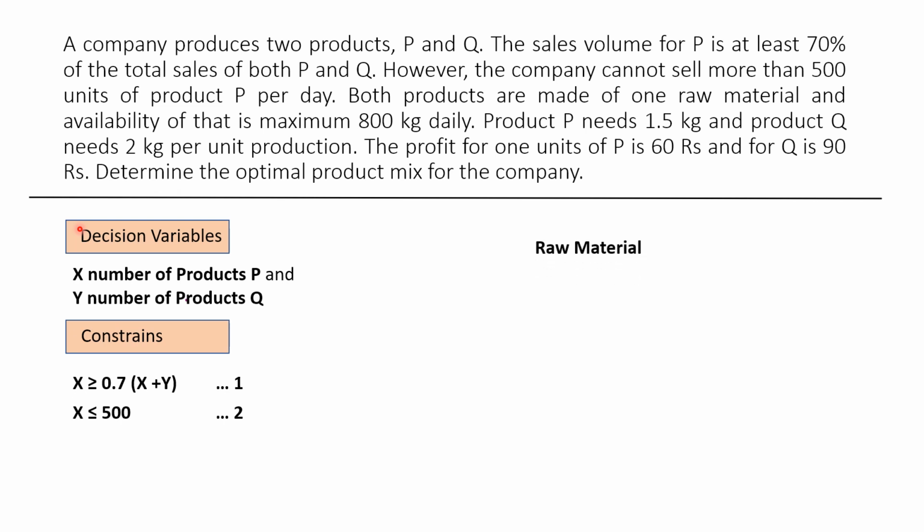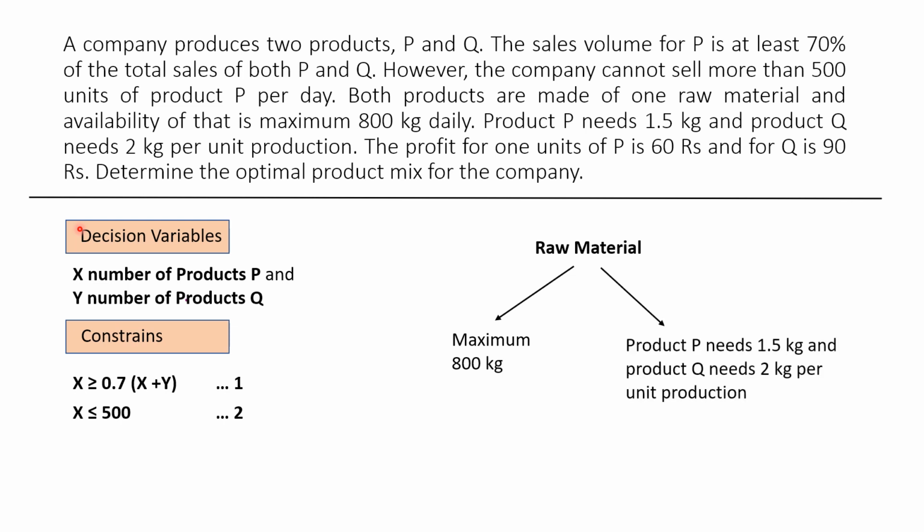So here it says that both the products are made of the same raw material, and the total maximum availability of the raw material is 800 kg. And when we are going to produce product P, it requires 1.5 kg of raw material, and when we are going for product Q, it requires 2 kg of raw material.